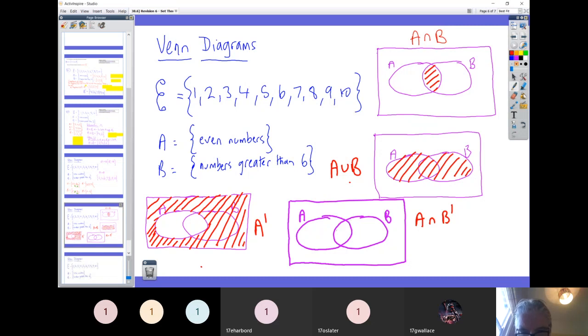So the area that we want is this bit here. Is it in A? Yes, tick. Is it not in B? Yes, tick. So that is the answer to that.